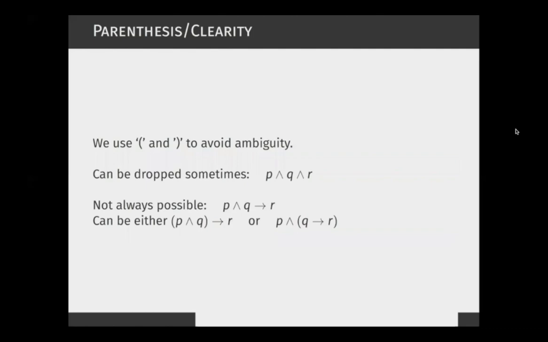Now, sometimes it's very important to be clear and unambiguous. By that, I mean that you have certain statements which are legitimate formulas, but in order to evaluate them it's very difficult because the order of operations might be different and it might give you different evaluations.